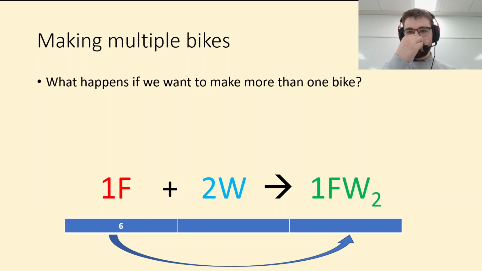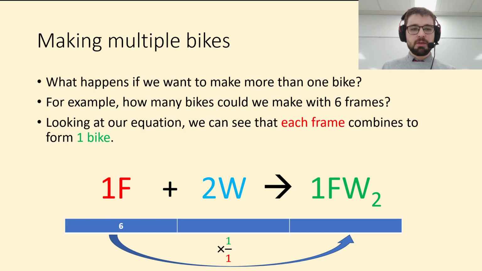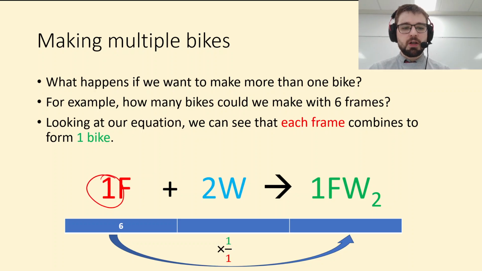So if we want to make more than one bike, how can we do it? If we've got 6 frames, how many bikes could we make? Well, we can look at the ratio that's here, and we can say, for every one frame we have, we can make one bike. That's what the number at the front means. Another way we could write that is that we've got to start with 6, and we can times it by the number we're going to and divide by the number we're coming from.